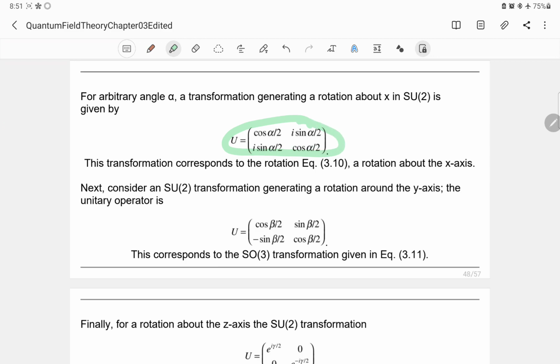And this transformation corresponds to the rotation in equation 3.10, a rotation about the x-axis, and that is just (1,0,0), cosine theta, negative sine theta, 0, sine theta, cosine theta. So that is the equivalent in SO3.